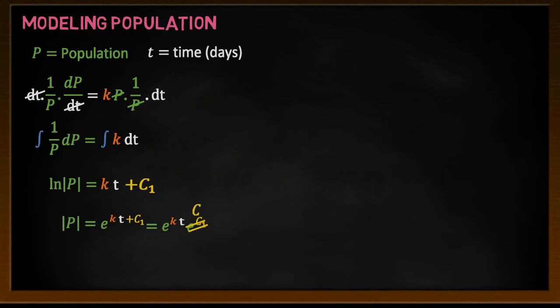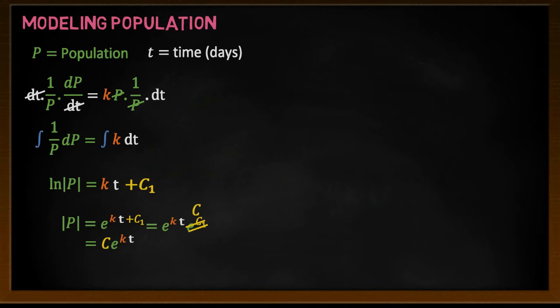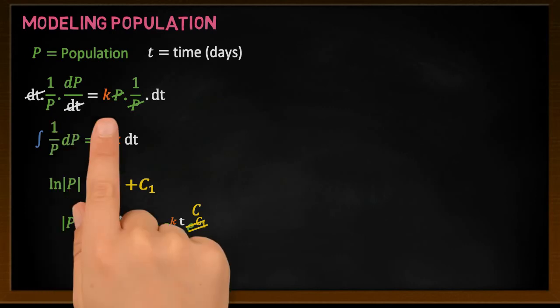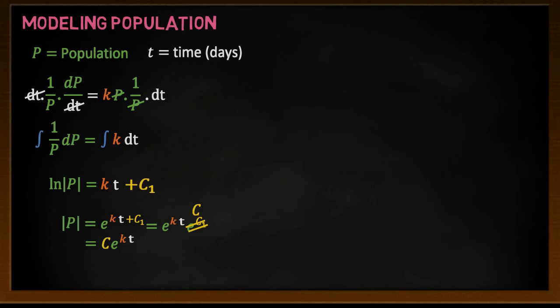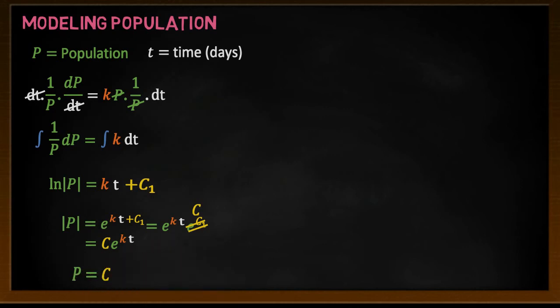So this all simplifies to c e to the kt. And if we assume our population at any given time is positive, then we could get rid of this absolute value sign. Now we have a general solution to this, frankly, fairly general differential equation. We just said proportional. We haven't given what the proportionality constant is, but we could say if we assume positive population, that the population is going to be equal to some constant c times e to the kt power.